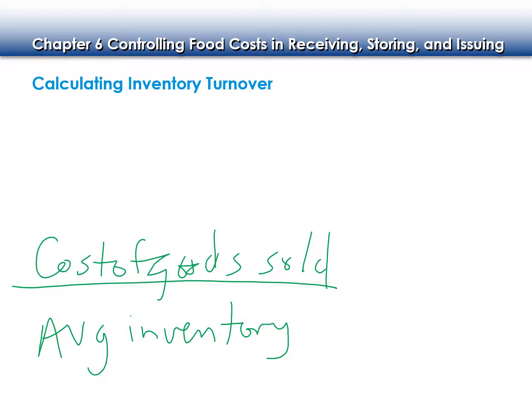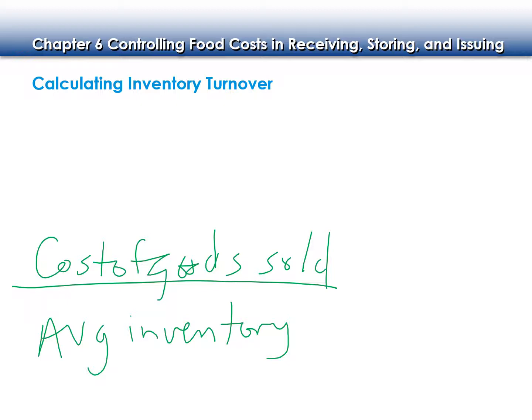So how do we get our average inventory? It's a great question. I'm glad you asked. Okay. What is an average? Okay, we add it together and then divide by the number that we have, right? So in this case, our average is our inventory. So what two types of inventory? We talked about perpetual and physical, yes. But there's two different inventories we talked about.